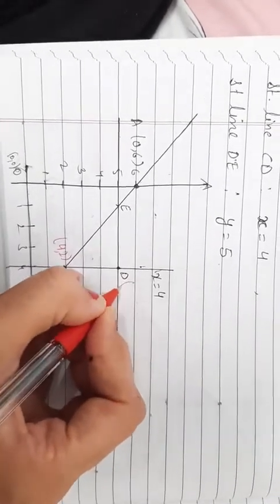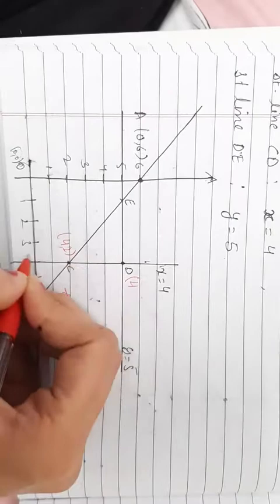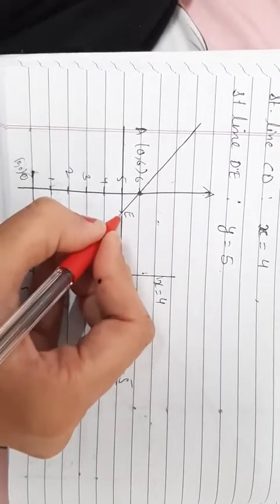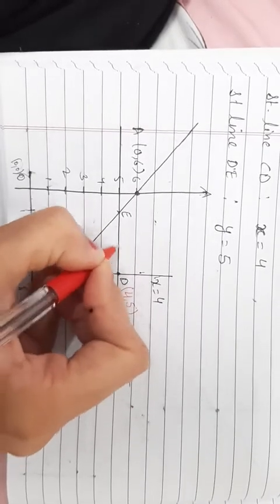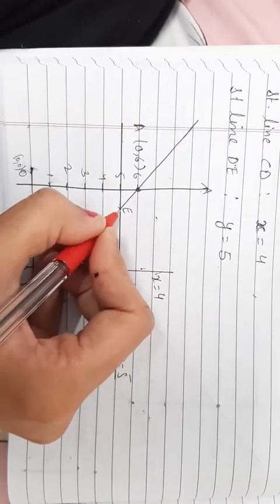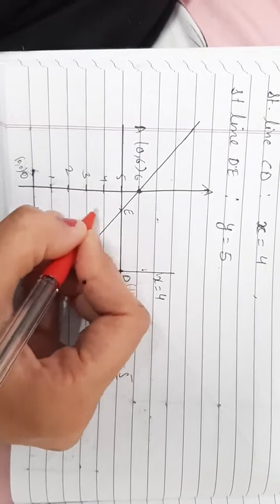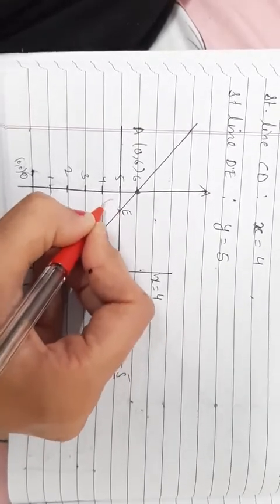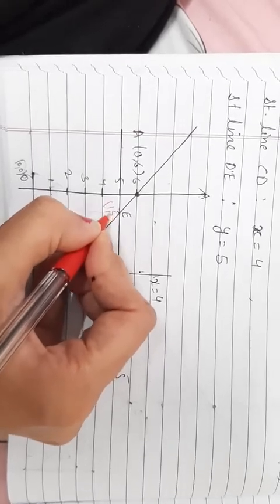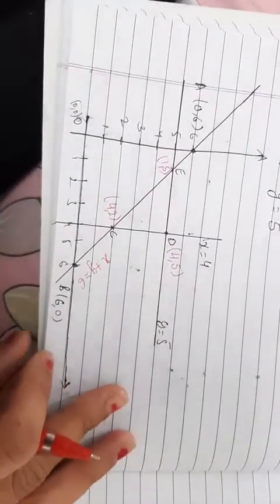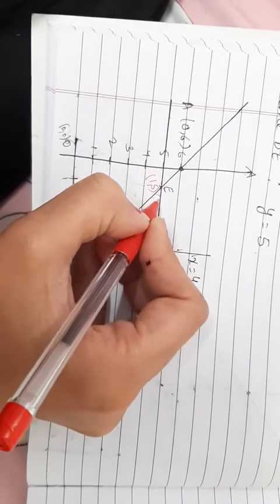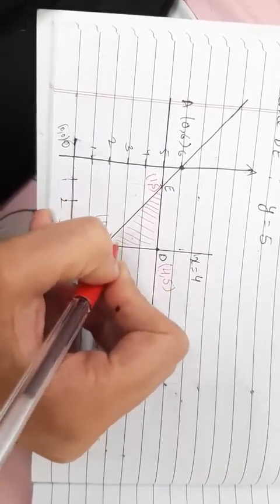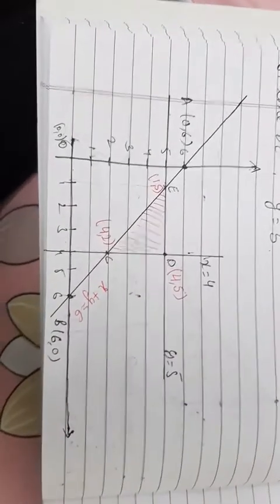D: x is 4 and y equals to 5. Here E: you can see y equals to 5 and what about x? x is equal to 1, so it is 1, 5. So these are your 3 points which bound the region. So this is your closed region.